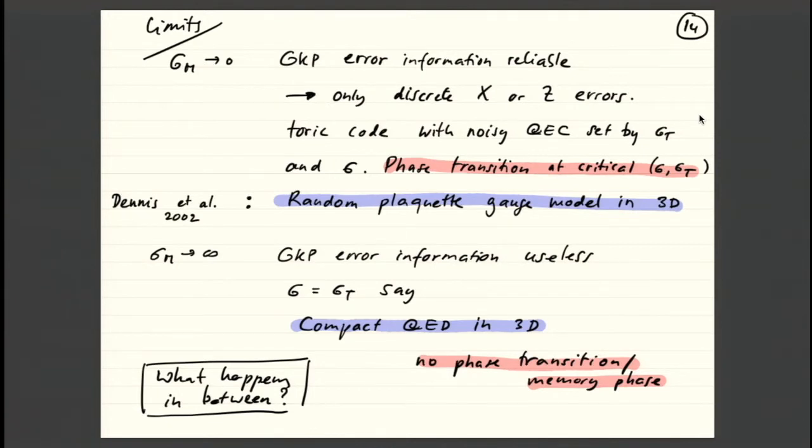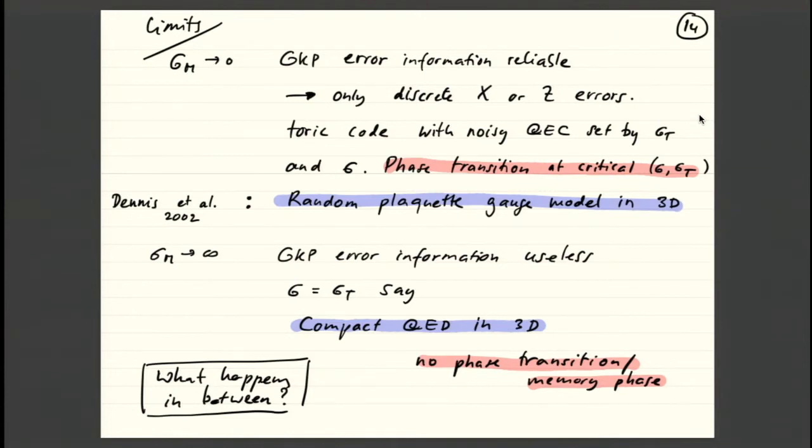And then what you get is just the usual torus code story. So there is a phase transition at a critical value of sigma and sigma t. And this maximum likelihood decoding problem that I discussed in the GKP case maps onto a random plaquette gauge model in 3D. So this is an old sort of result by Dennis et al.